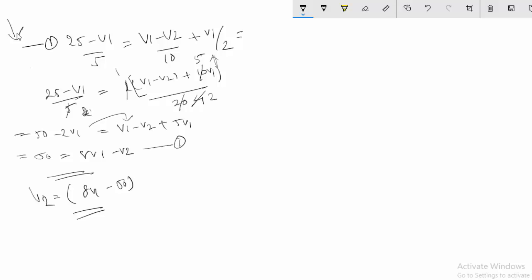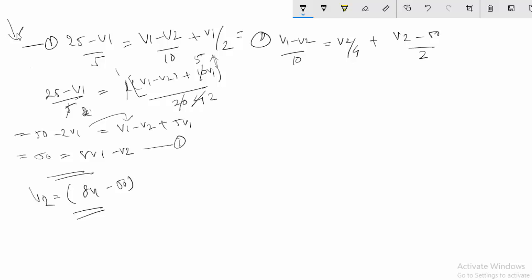and now you have the second equation, and how you will solve that is, the second equation is v1 minus v2 divided by 10 is equal to v2 by 4 plus v2 minus 50 by 2.